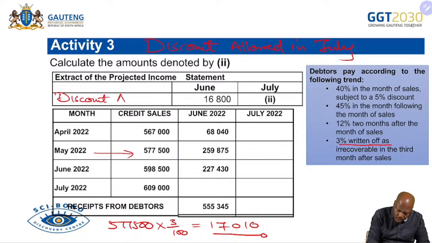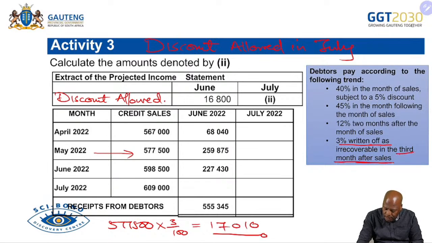So if discount is being allowed in the month of July, it will be allowed in the 3rd month after sales. So this is the 1st month, 2nd month, 3rd month after sale. All right. So it will be allowed in July, but the sale would have happened in the month of May. Hence, we took 577,500 multiplied by the 3%, then it would be 17,010. Discount allowed in the month of July.